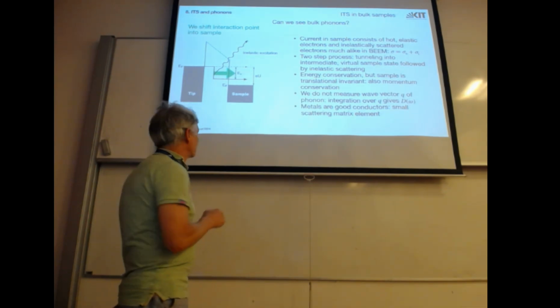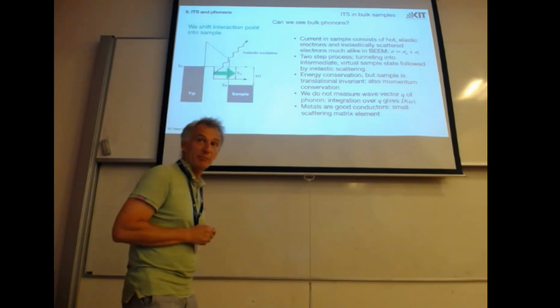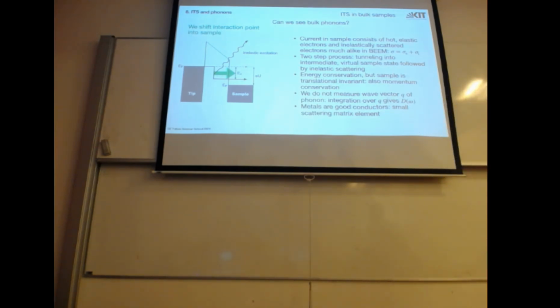Now, in most of the tunneling experiments, there are no molecules. This is a vacuum gap, so the vacuum has no vibrons. Fine, there will be no excitations. But I could, in principle, think that I can shift this interaction point into the system. The same story applies here.